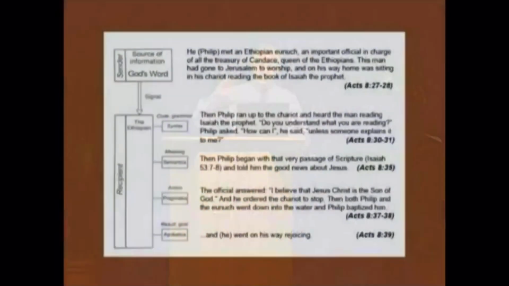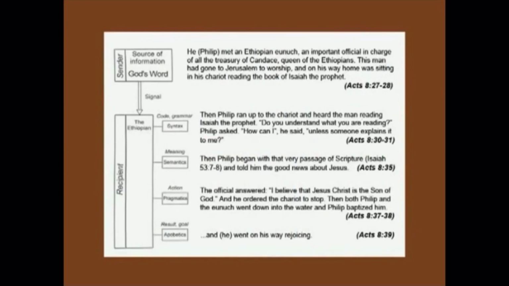And so, that is the highest level of information, in this case, the result, the apobetics, that he came to eternal life. So we see this idea of the 5 levels of information we also find in the Bible. Not named with these special scientific terms, but the idea is the same.